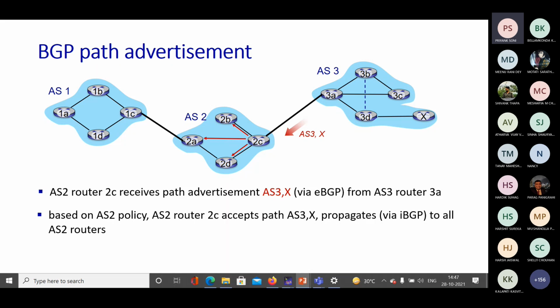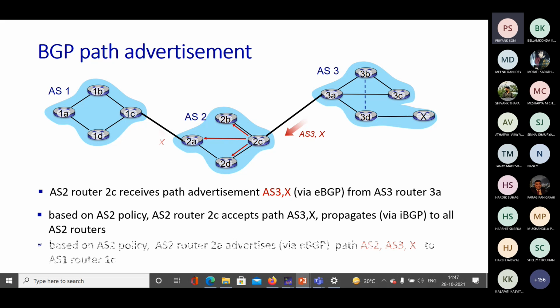So these are different sessions of transmitting information. eBGP is between different ASs; iBGP is between the routers belonging to the same AS. Now, depending upon this AS2 policy, what will AS2's next gateway router, that is 2A, do?